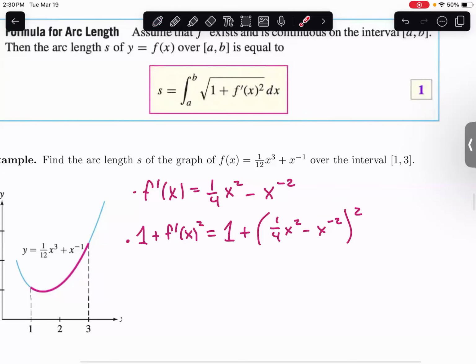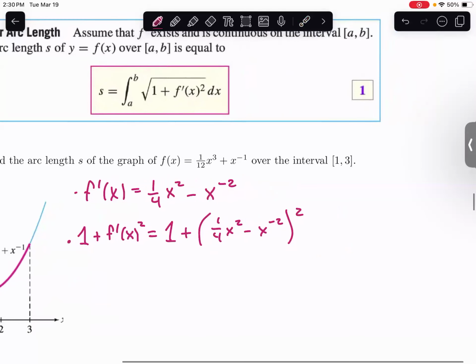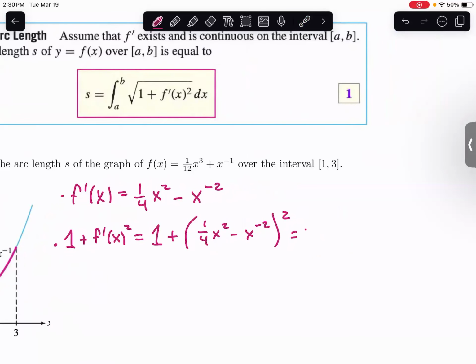So you can FOIL this quantity that's being squared to get that this is going to be equal to 1 plus 1 over 16 times x to the 4th power. If you do x squared times x to the minus 2, you just get x to the 0th power, which will just be equal to 1.